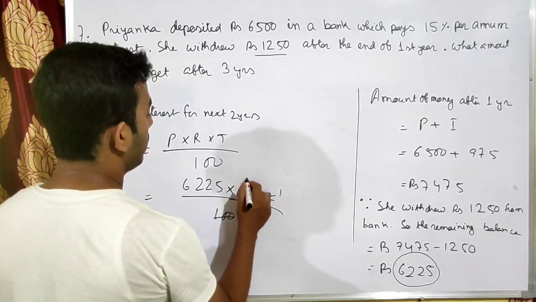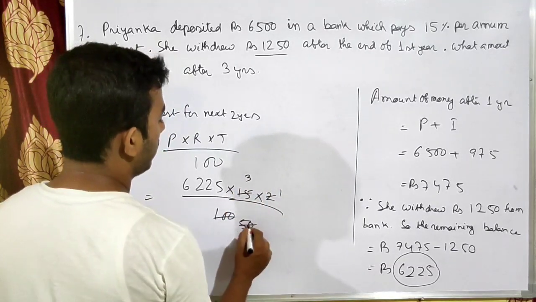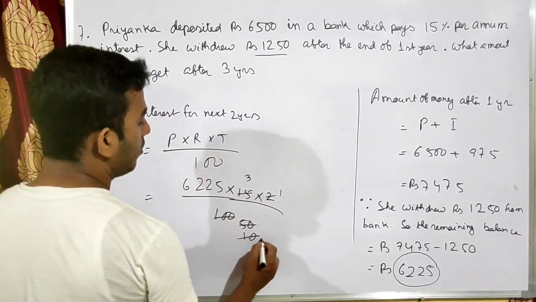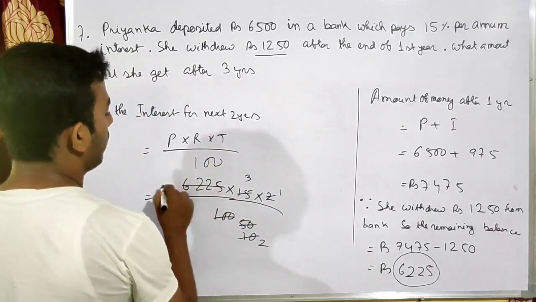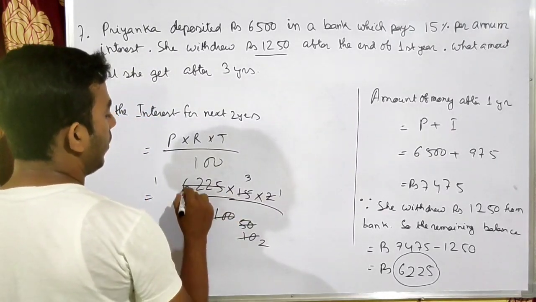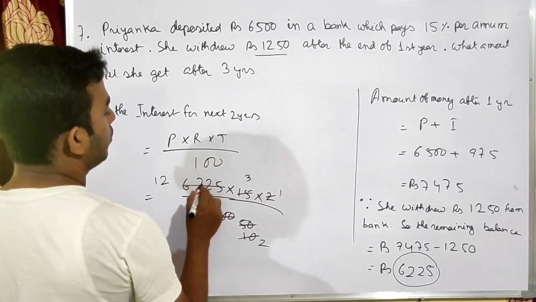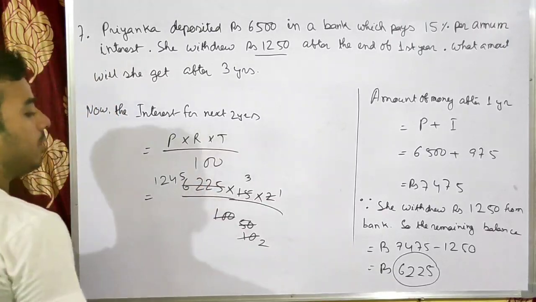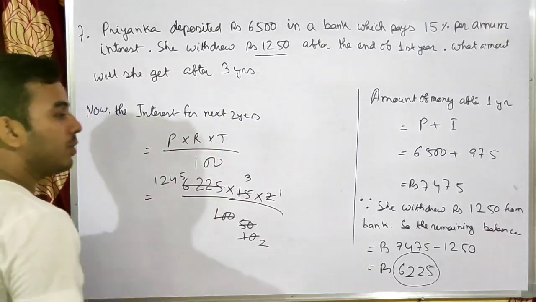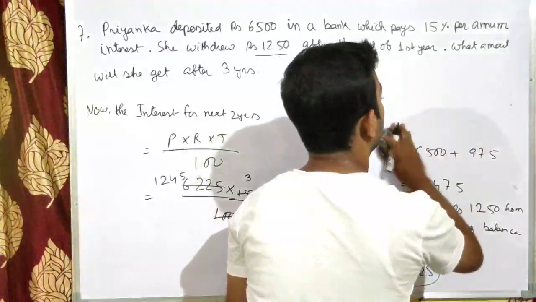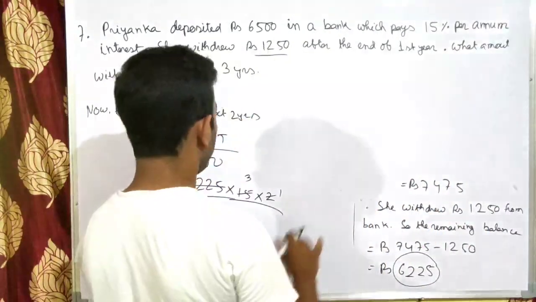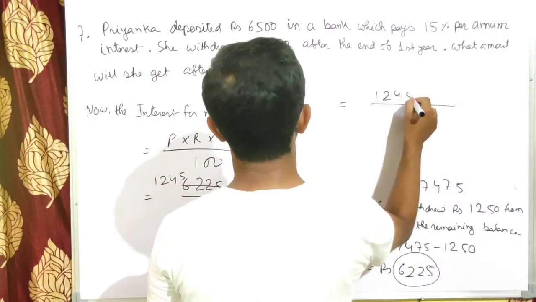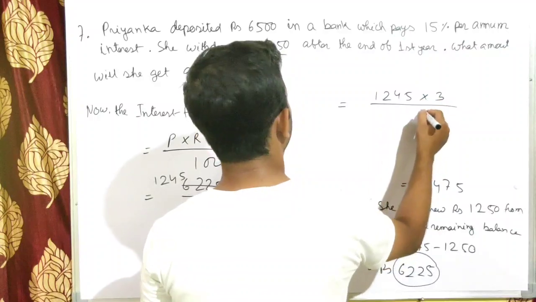So 2 into 50 is 100. 5 into 3 is 15, 5 into 10 is 50. Now 5 into 2 is 10, 5 into 4 is 20, 5 into 5 is 25. So what is left? 1245 into 3 upon 2.